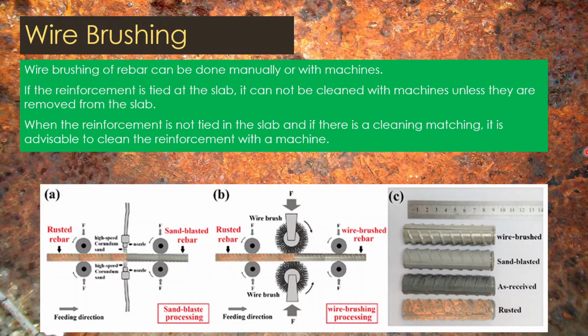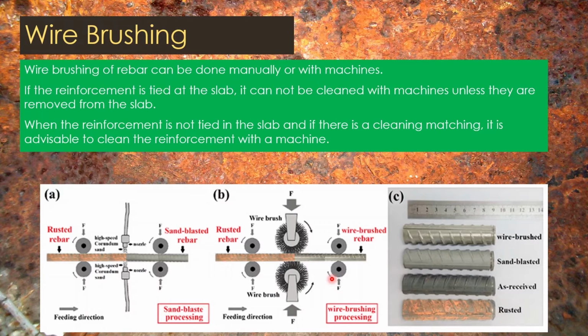In addition, there are other methods like machine wire brushing. For small scale work, small portions or smaller quantities, we could do it manually, but when the quantity increases, we could use machines.